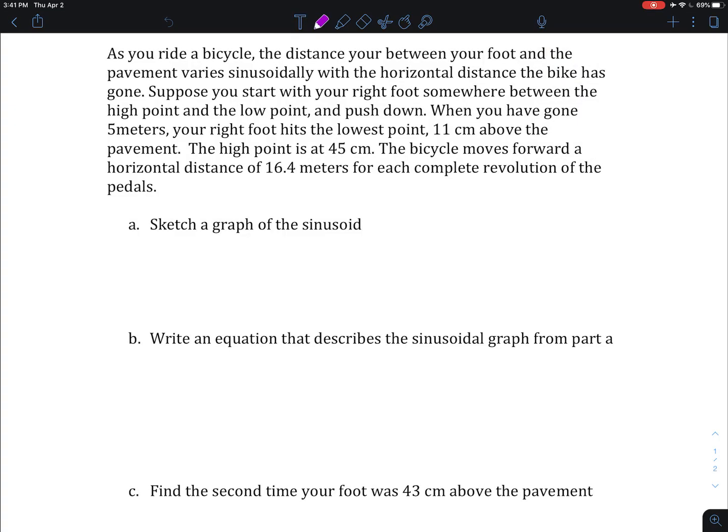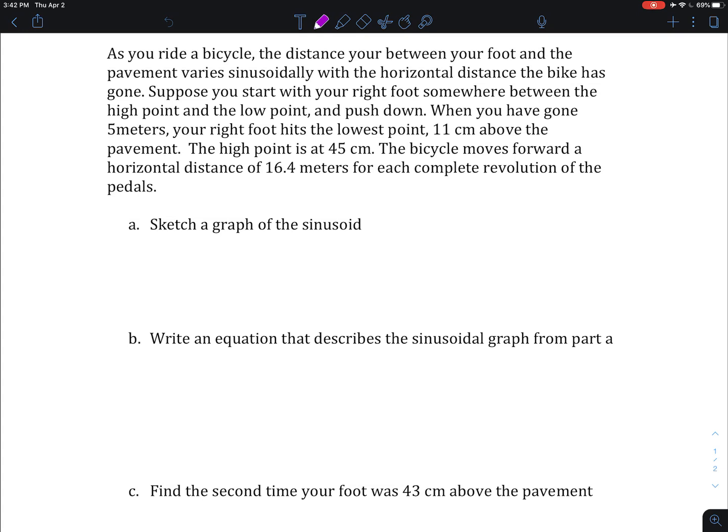Hey guys, here's our second application problem for our sinusoidal relationships. In this particular problem, we're riding a bicycle and looking at the distance between your foot and the pavement and how far you have gone on the bike.